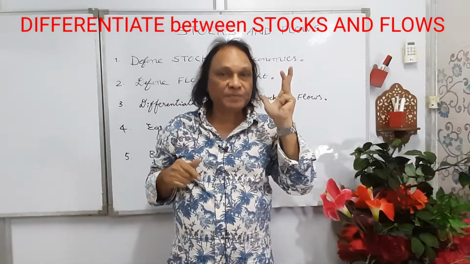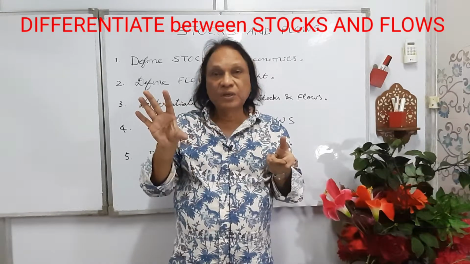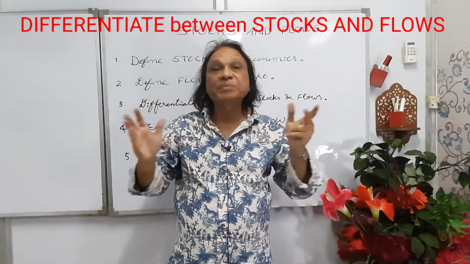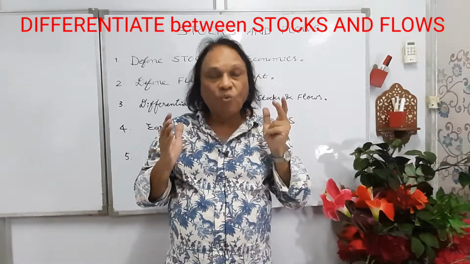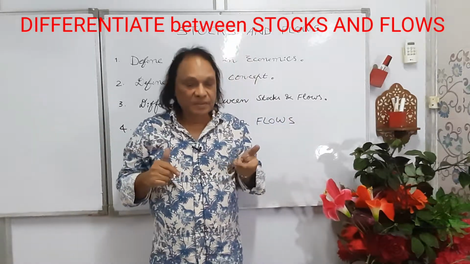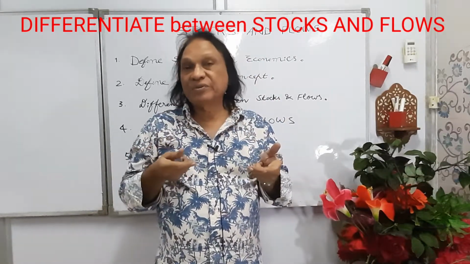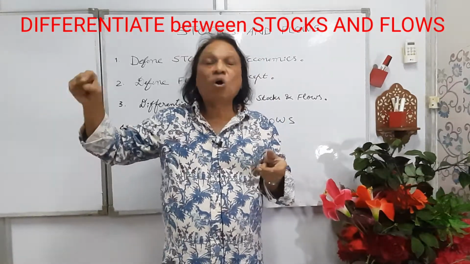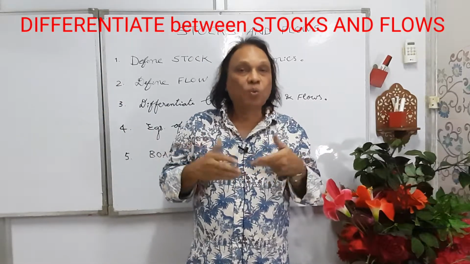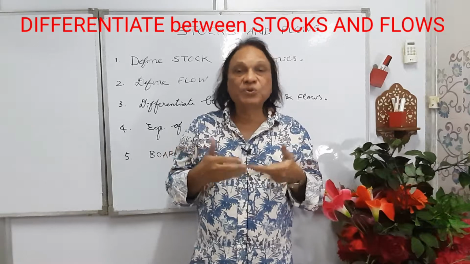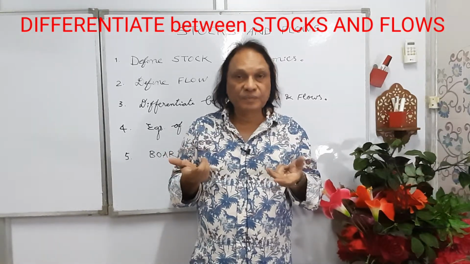That's the first point. The second point, stock has no time dimension. What it means is there is no period, maybe 1 hour, 2 hours. Flow has always a time dimension. This time dimension can be 1 year, 1 day, a few seconds, 1 century, 1 decade.